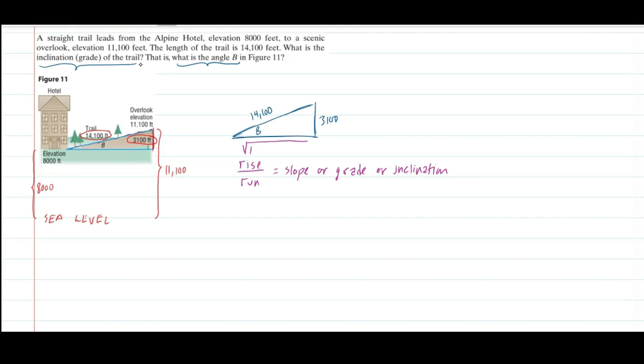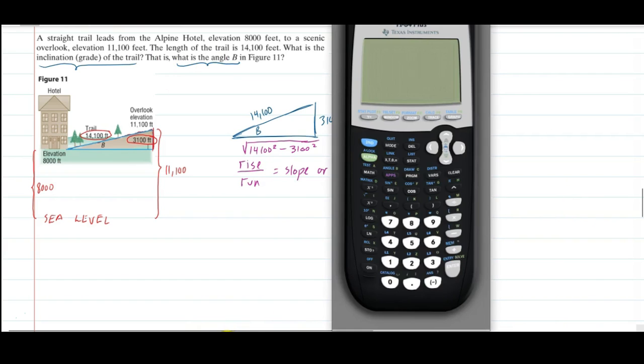So we'll take 14,100 and square it, and we'll subtract 3,100 squared. And when we do that, we will have a run, right? So let's do that really quickly. So we take the square root of 14,100 squared minus 3,100 squared, like that, and so I end up with 13,754.